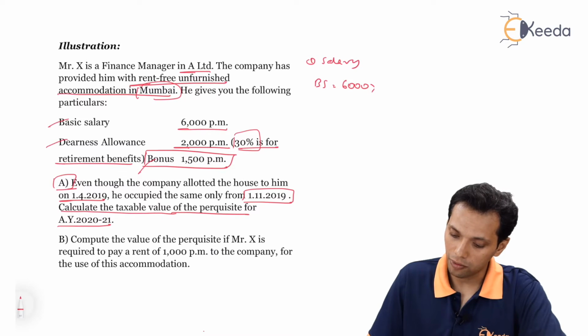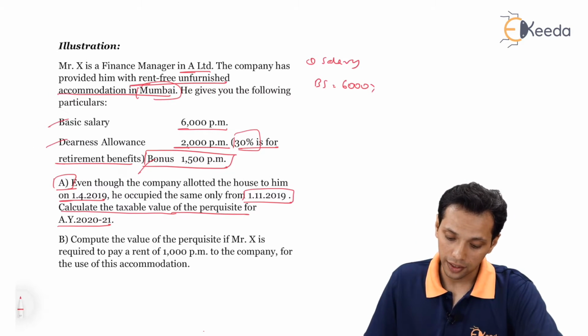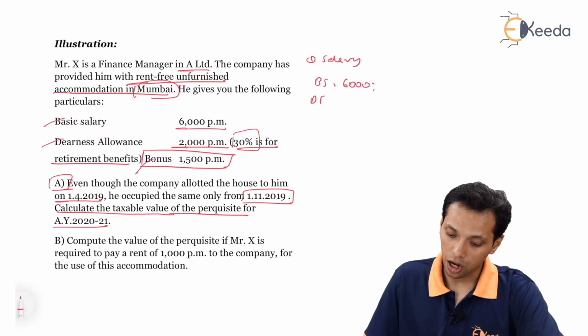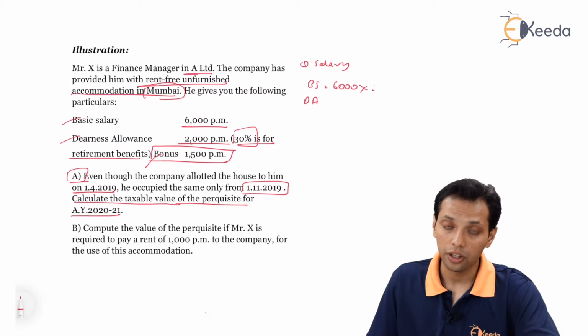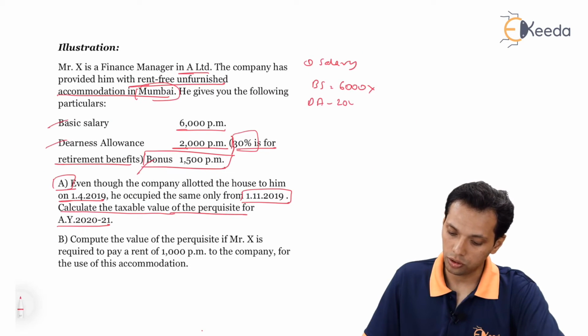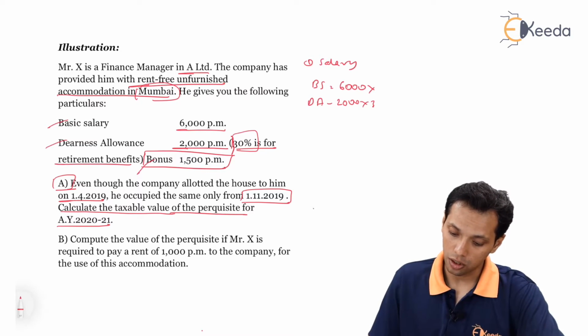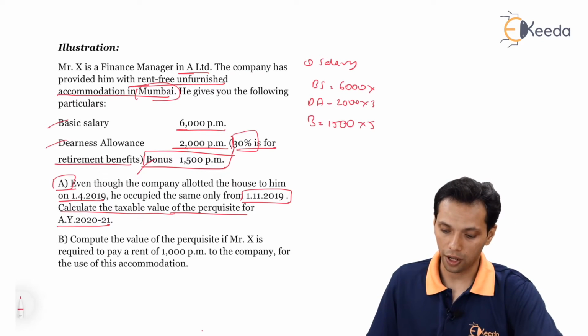So the basic salary will also be into 5. Then dearness allowance in those cases would be 2000 into 30% into 5. Then bonus is 1500 into 5.